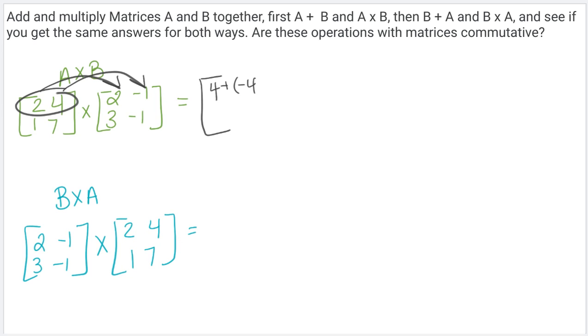I'm sorry, that's wrong. Let me go back. I should be looking at each row and column, so I should circle them. I always circle them. So 2 times 2, which is 4, plus 4 times 3, which is 12.